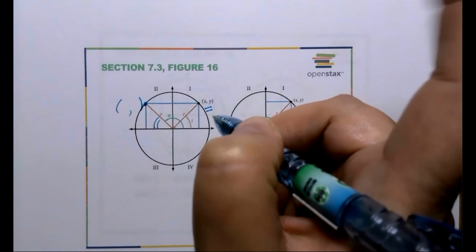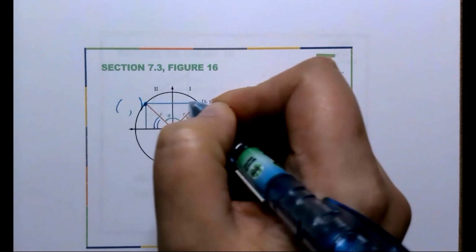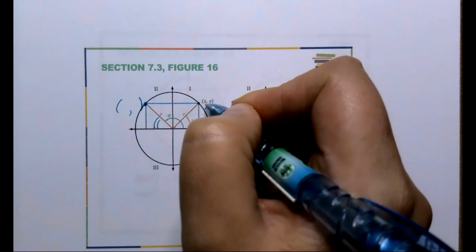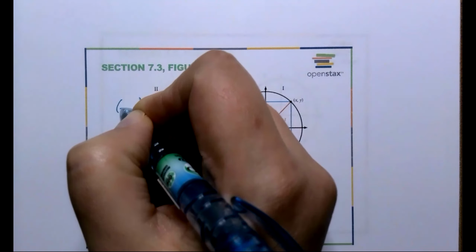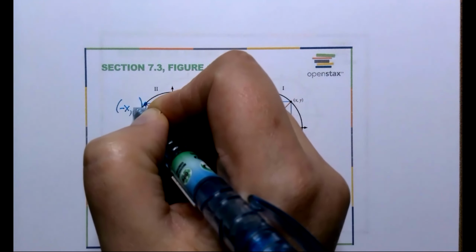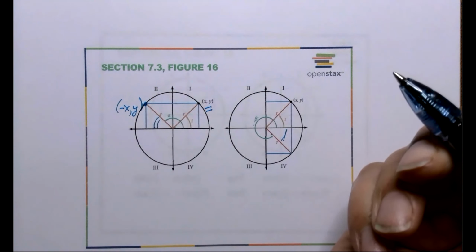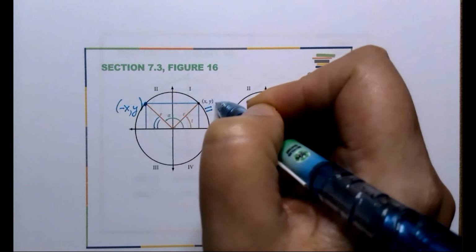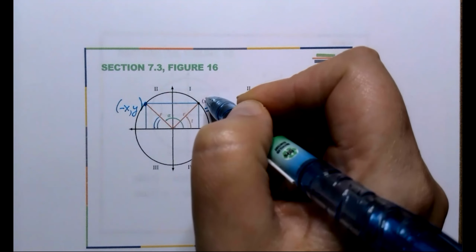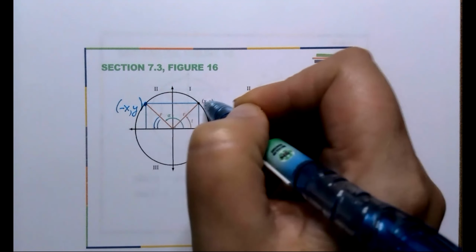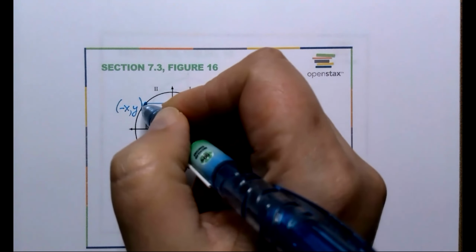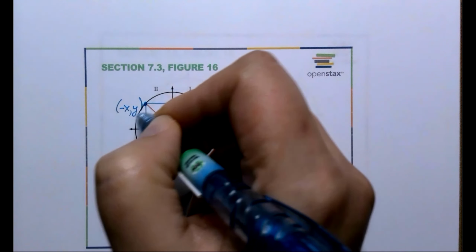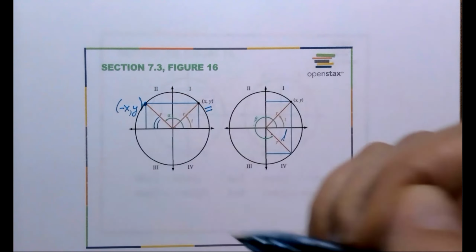The only difference is that y is going to be the same, and x is going to turn into a negative value. So it's going to be negative x, y. So if we know the x and y coordinates, or the cosine and sine functions of this angle, we automatically know the sine and cosine functions of that angle.